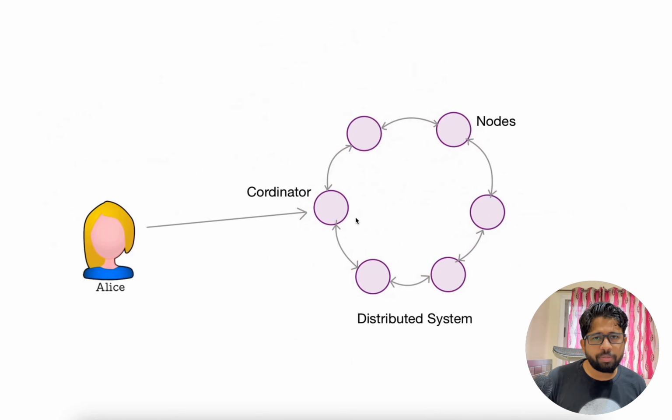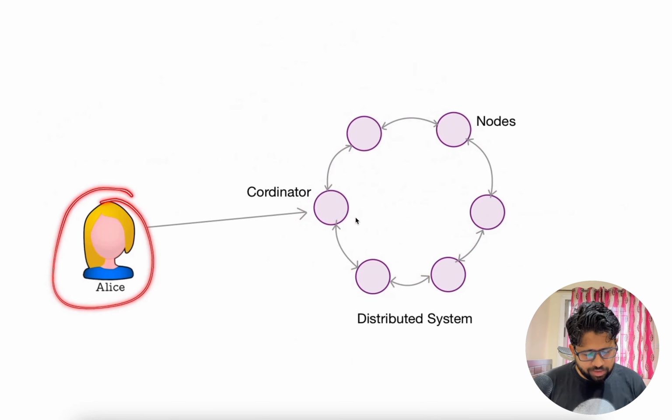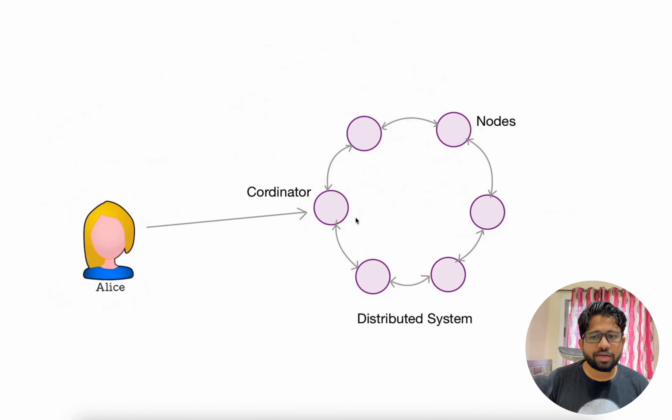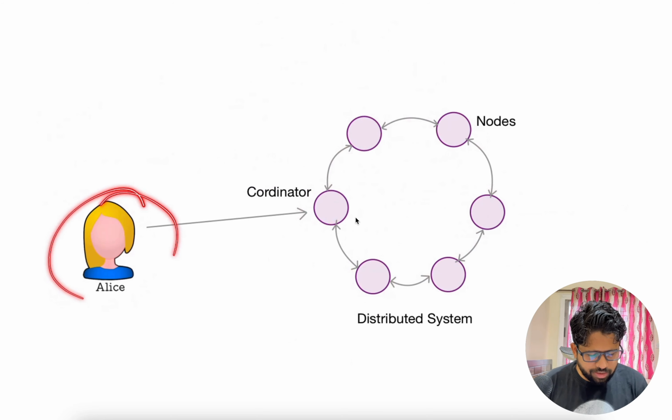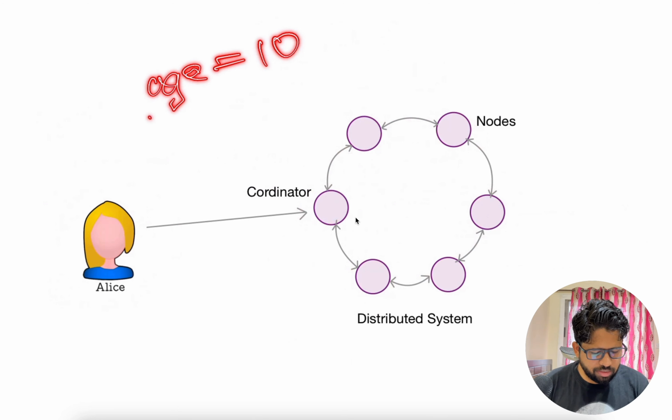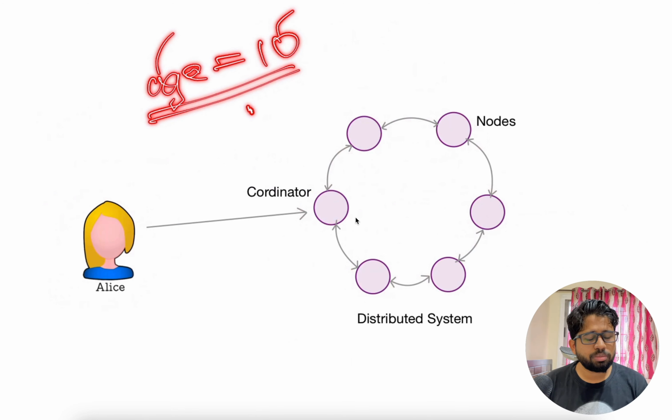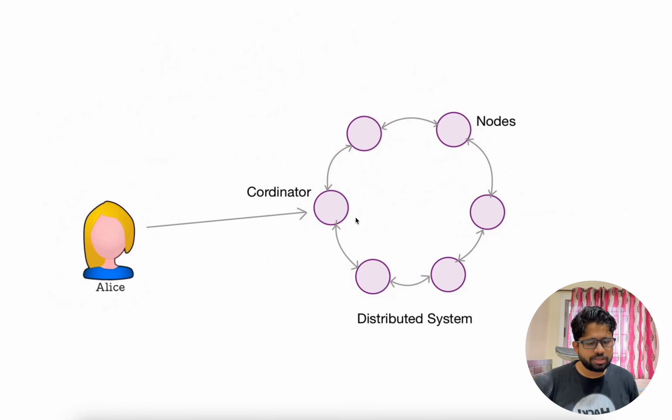So this syncing happens. Now, when the client, Alice in this case, wants to get data, imagine this to be a database, or let's say Cassandra, which is a key value store. Let's say Alice wants to get data, say age equal to 10. This key and value were there in the database and she wanted the value for age.